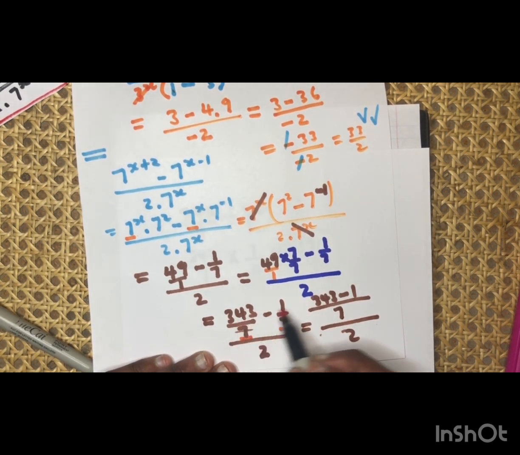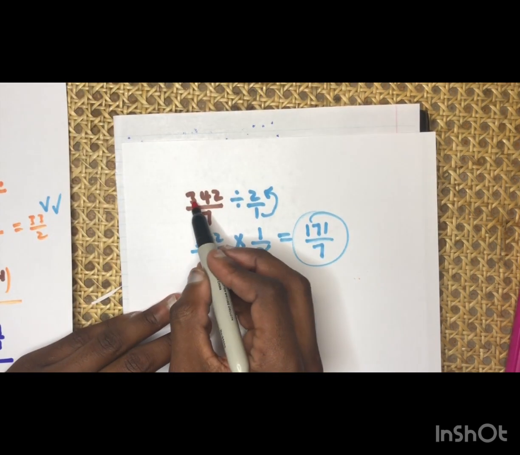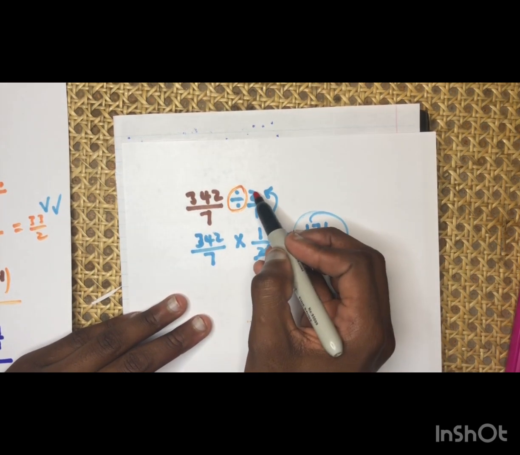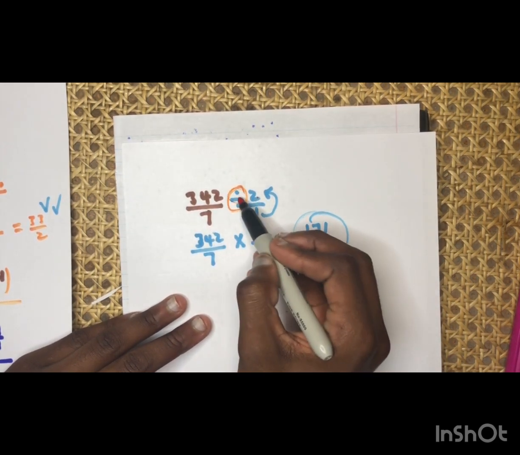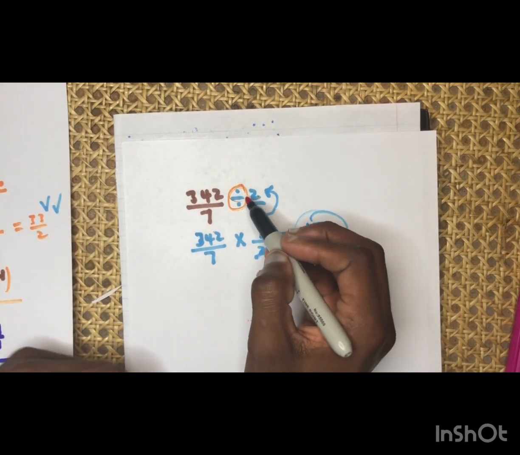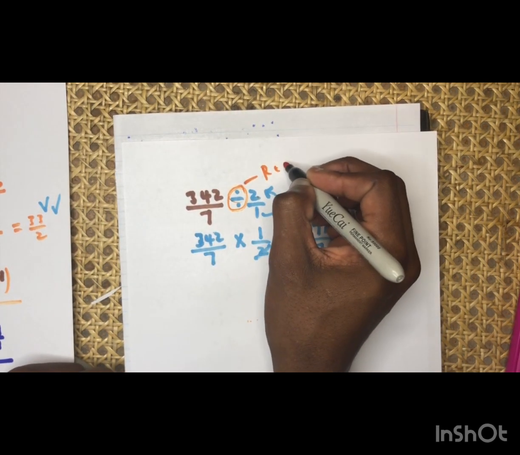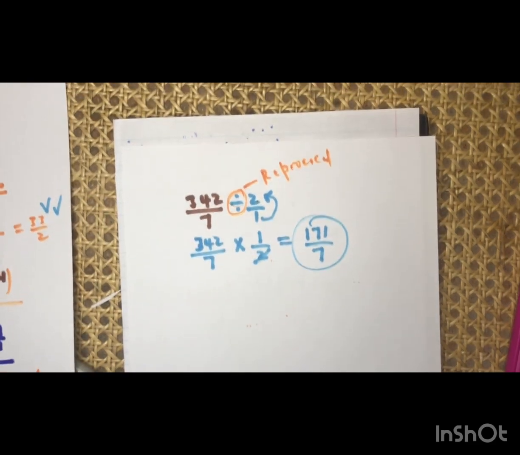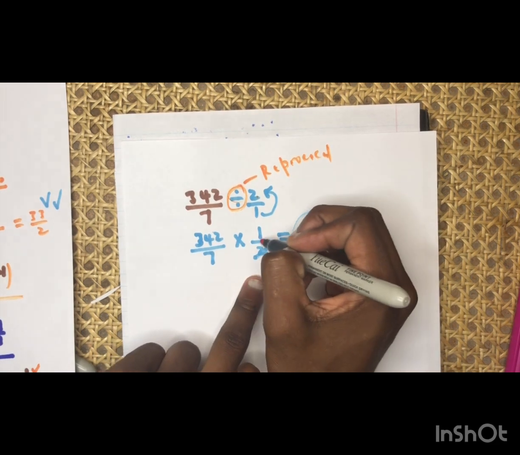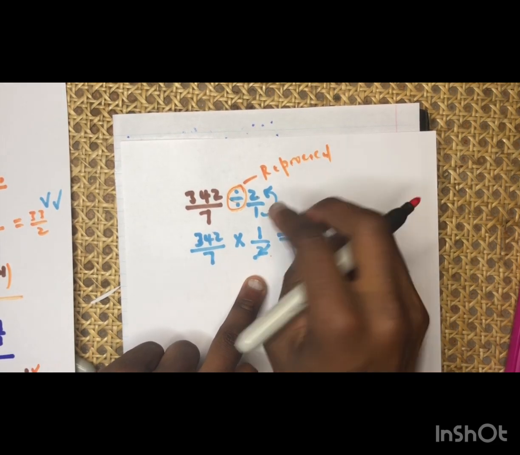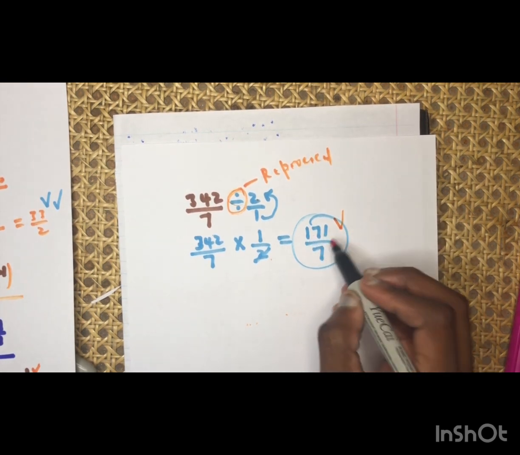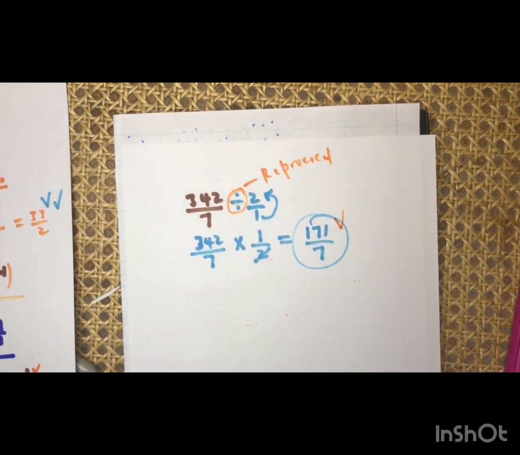That's why we say 343 minus 1 here, which gives us 342 divided by 7. Then we put the division that we know, which is divided by 2. Since we cannot have two divisions, we apply the reciprocal: the denominator becomes the numerator, and the numerator becomes the denominator. Then we ended up having 171 over 7 as our final answer.